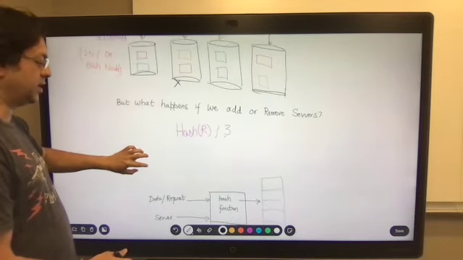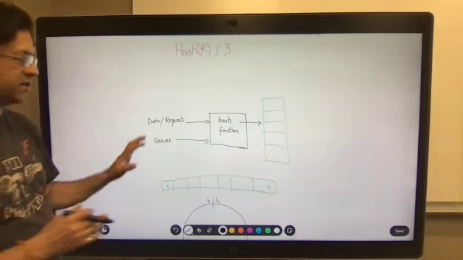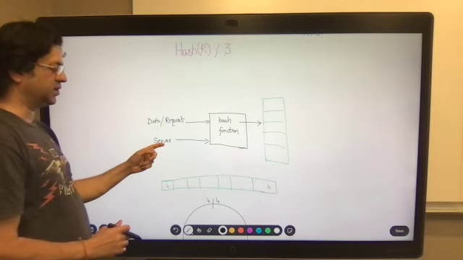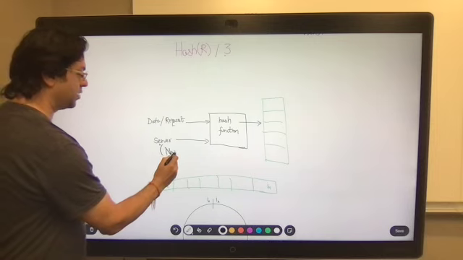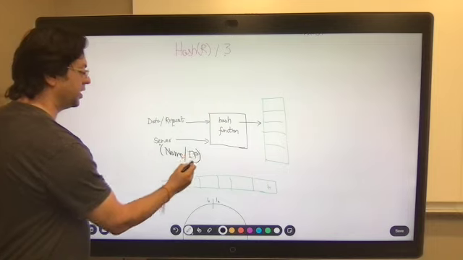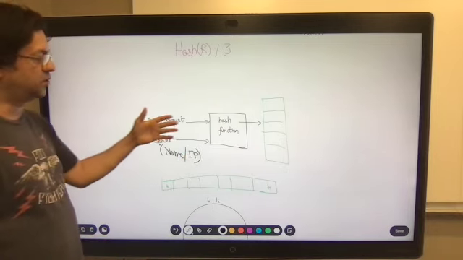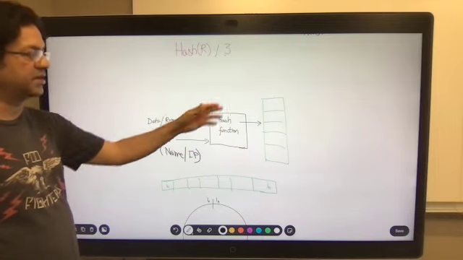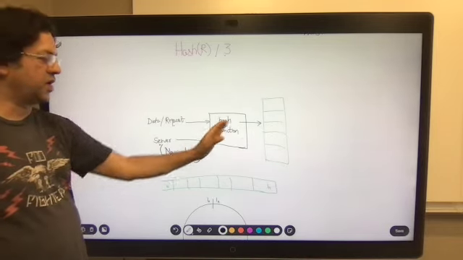To cater to that issue, what we do in consistent hashing is we have the data and requests, and we have the servers. A server could be represented by its server name, or by its IP. We pass these two things through the same hash function, and again we get some range of values after passing through the hash function.